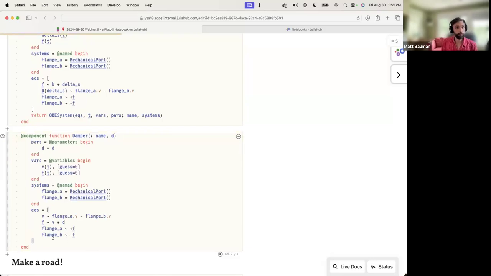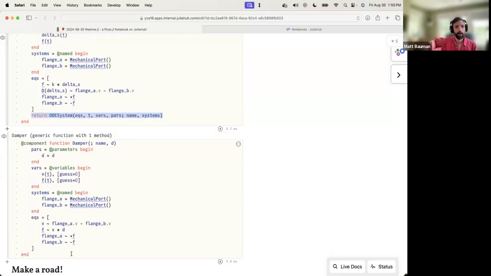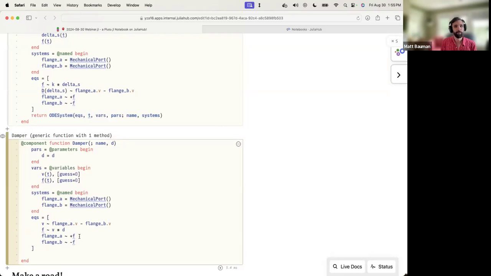Oops, I didn't do this right. I missed one last thing, and I think it'll return an error here. Oh no, it doesn't. But once I started trying to use it, it would give me an error because I need to bundle it all up into that ODE system again, right? And this is going to be exactly the same as what we had before. Just copy and paste it. There we go. So we updated that.